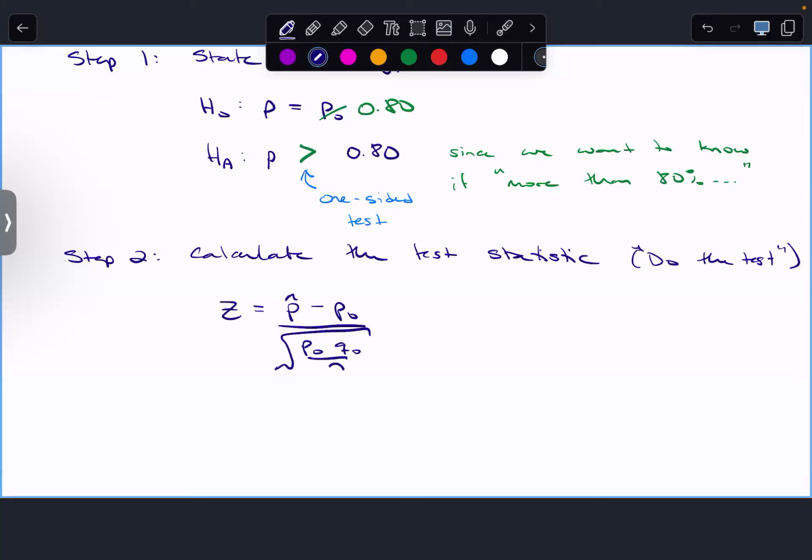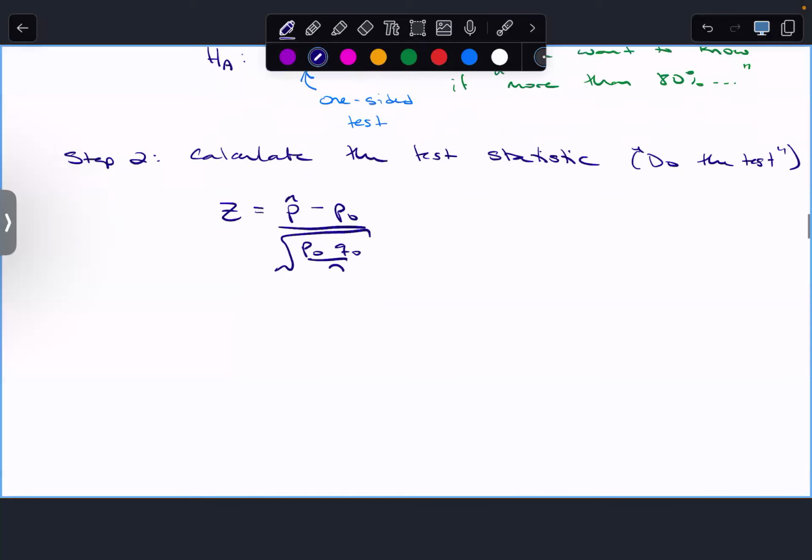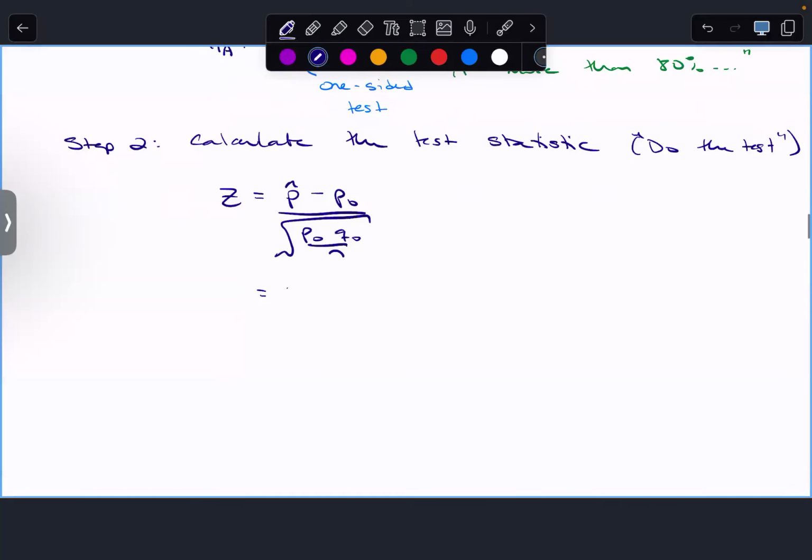I have all these things, so I can just plug and chug now and say 0.85 is my p hat. How far is it from 0.8 if the standard error is the square root of 0.80 times 0.20 divided by 670?